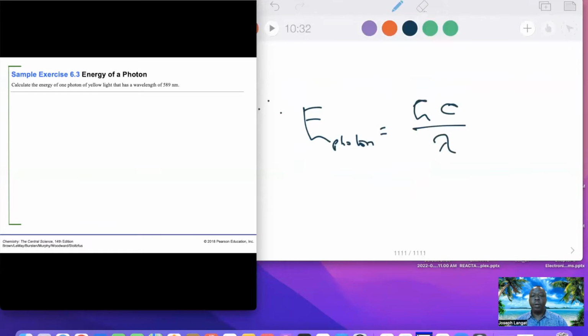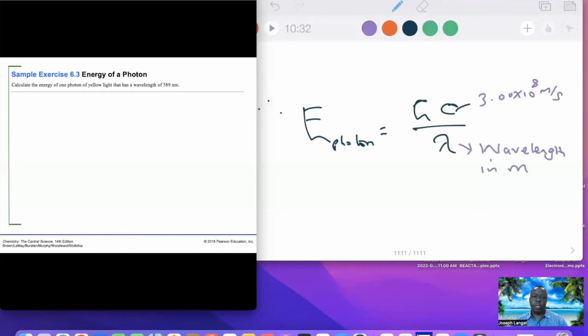And remember, c is the speed of light, 3.00 times 10 raised to 8 meters per second. So it may not be obvious, but the wavelength has to be in meters.